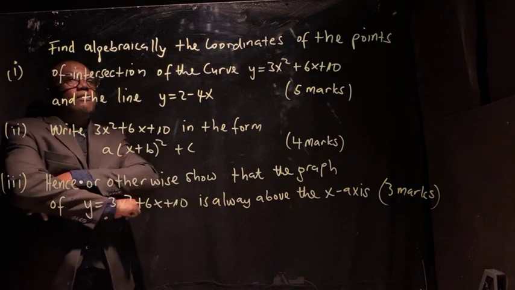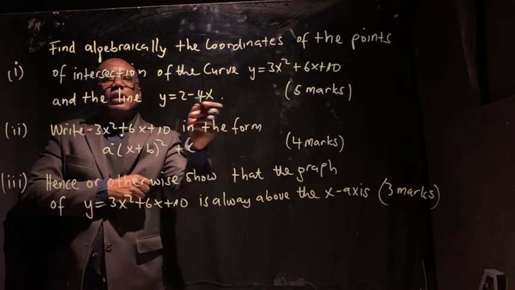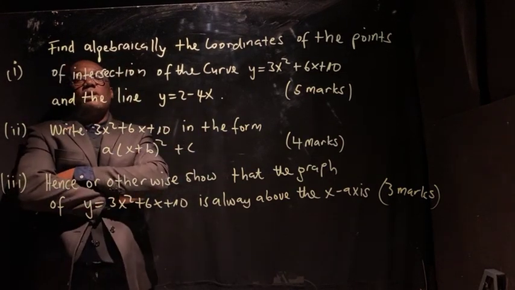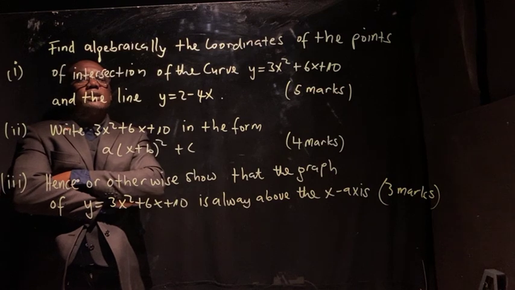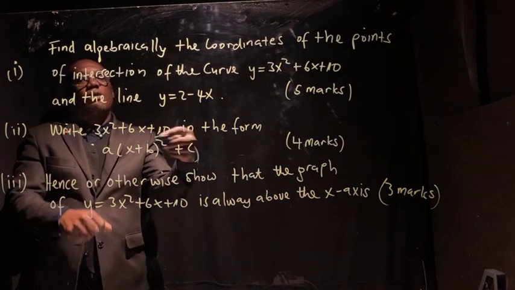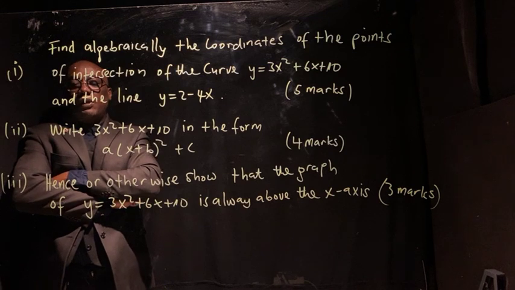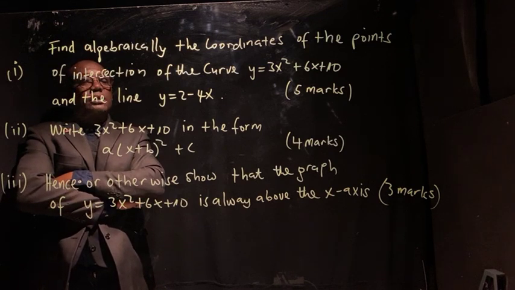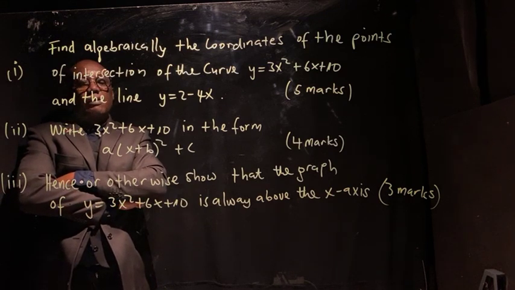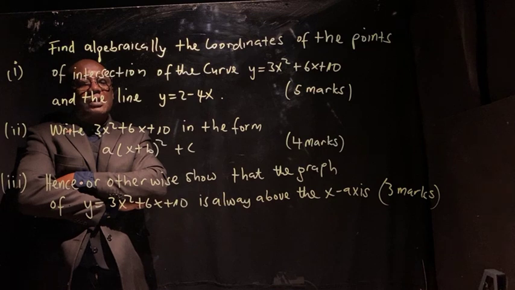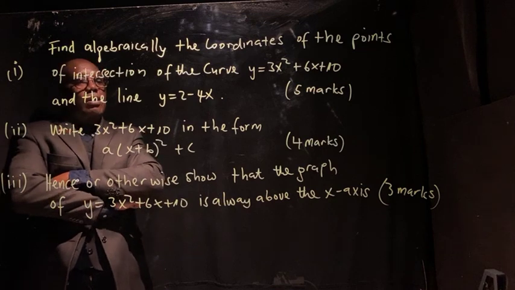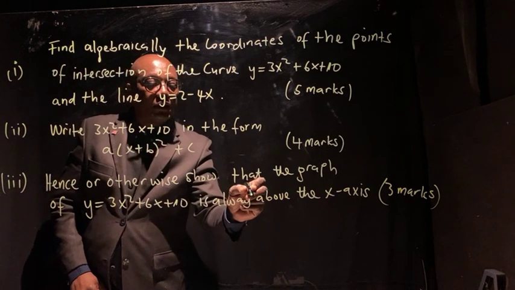It carries 5 marks. The second part says: write 3x squared plus 6x plus 10 in the form of this, and it carries 4 marks. And the third part says: hence or otherwise show that the graph of y equals 3x squared plus 6x plus 10 is always above the x-axis.